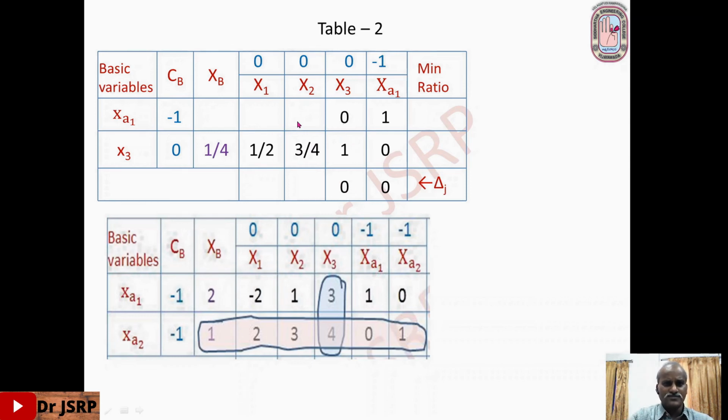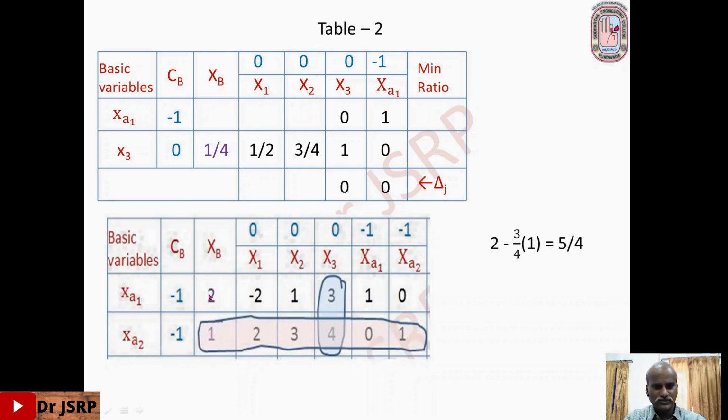Next, third step, to fill the remaining entries, we use the ring and round method, that is new value equal to present value minus pivot column element by pivot element into pivot row element. To calculate this value, present value is 2 minus pivot column element 3 by pivot element 4 into pivot row element 1.